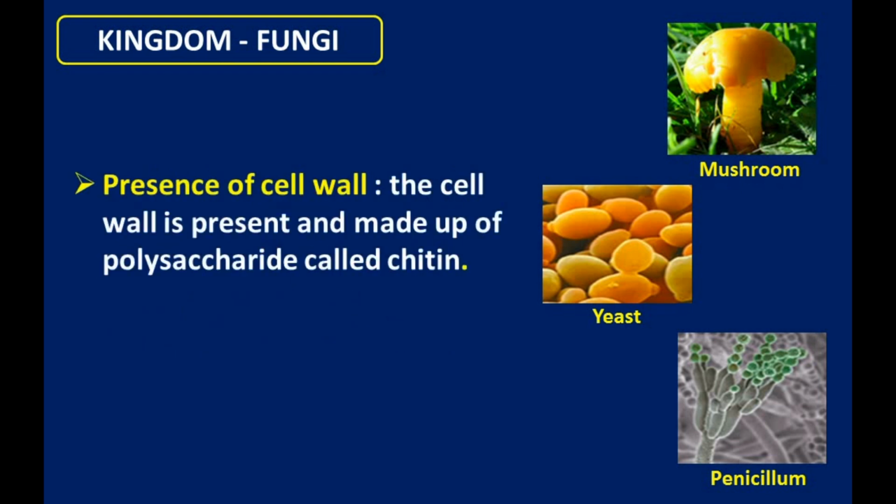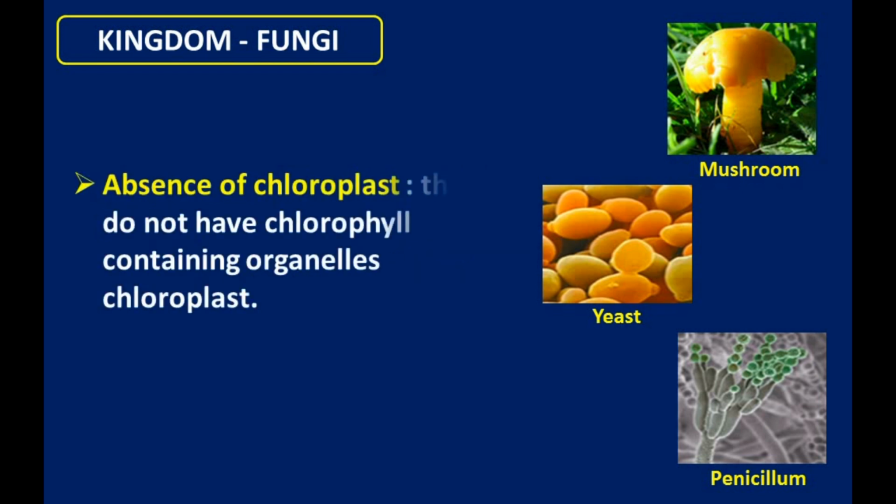Presence of cell wall. In the organisms of kingdom Fungi, they have a cell wall, and this cell wall is made up of polysaccharide called chitin. Absence of chloroplast. All these fungi are heterotrophs.